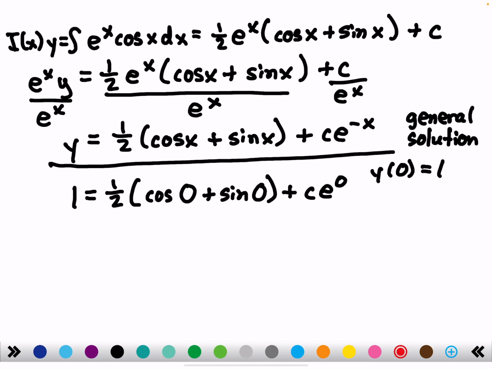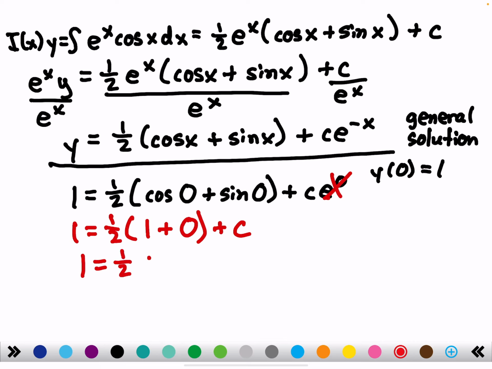So I'm just going to cross that out, and then this just becomes 1 equals 1/2. Cosine of 0 is 1. Sine of 0 is 0, plus c. Or basically, we just solve the equation 1 equals 1/2 plus c for c. Subtract 1/2 on both sides. c is 1/2.